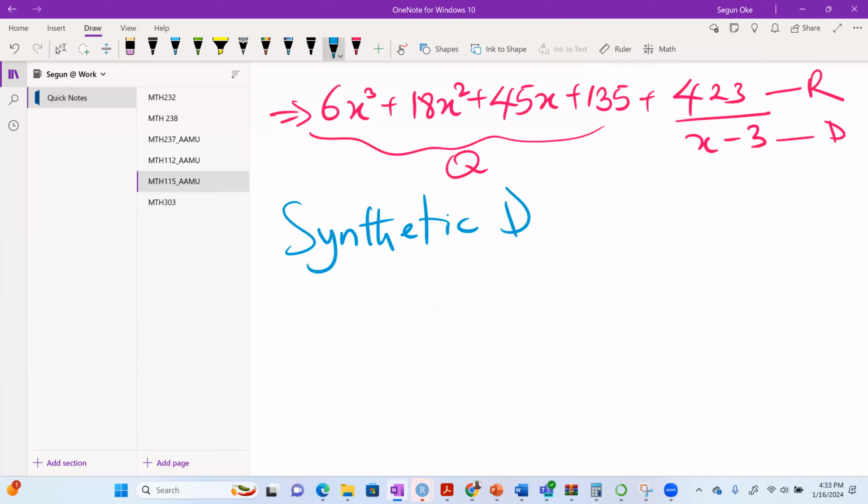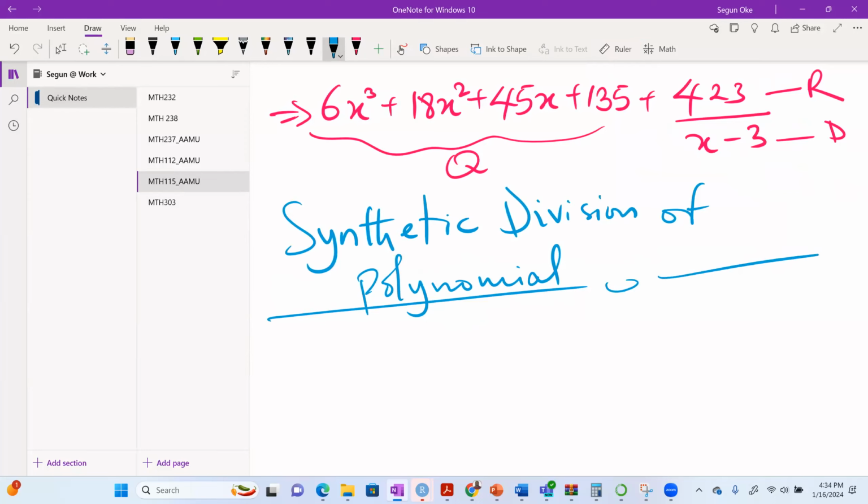Synthetic division of polynomials. In this case, majorly what we do is we use our coefficients.